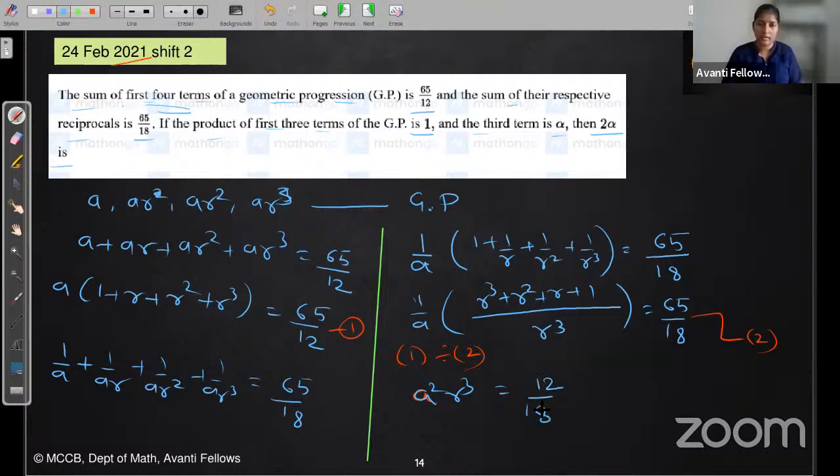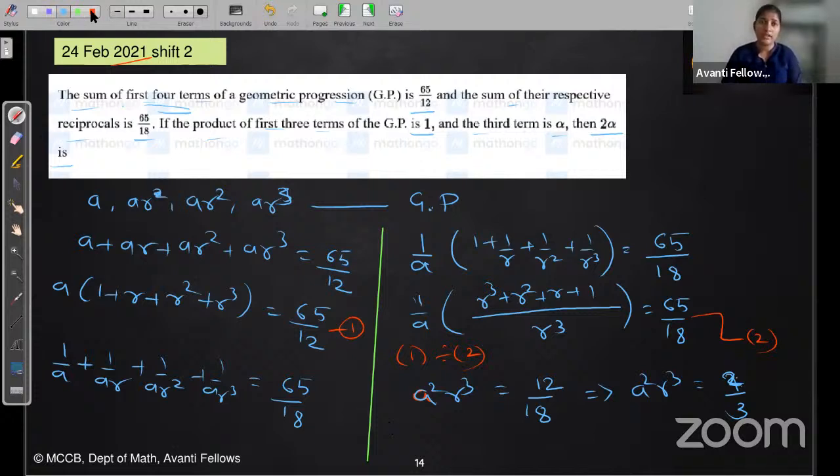So this implies A square R cube will be equal to 2 by 3. Correct? So we got A square R cube is equal to 2 by 3.